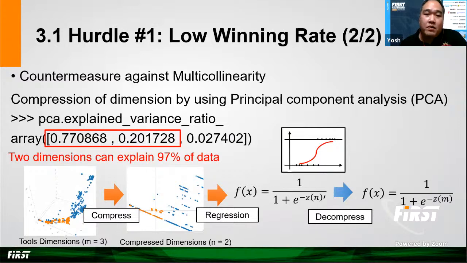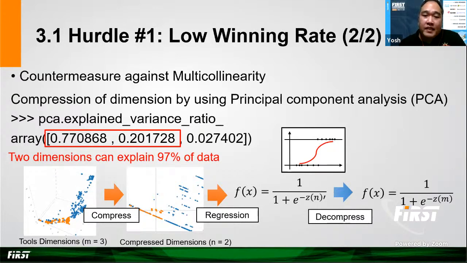When we try to represent the data in 3 dimensions and put those dimensions together efficiently in PCA, we are able to represent 97% of the original data in 2 dimensions.